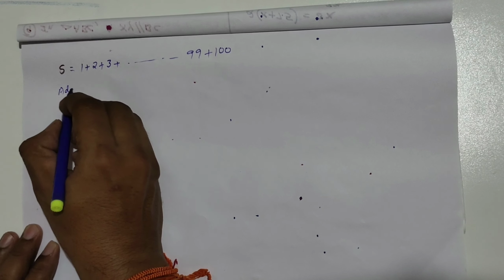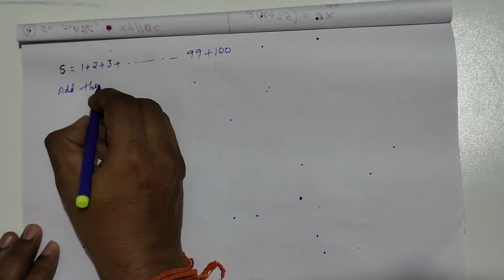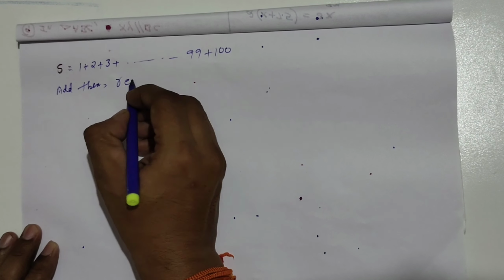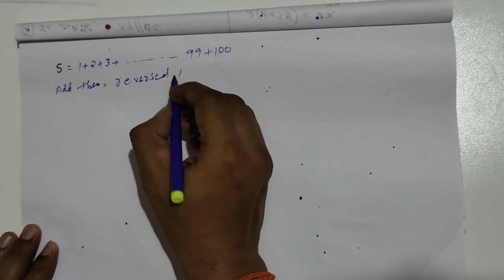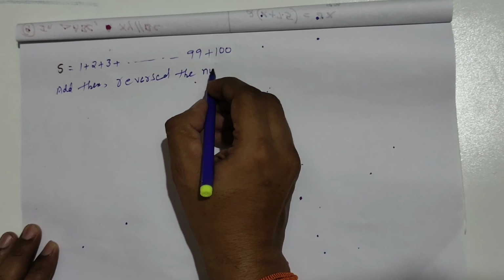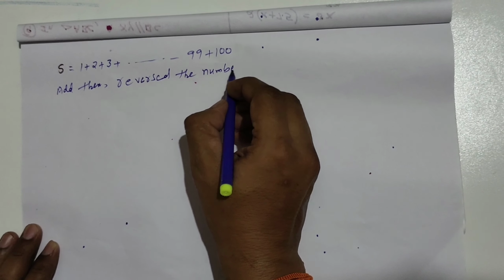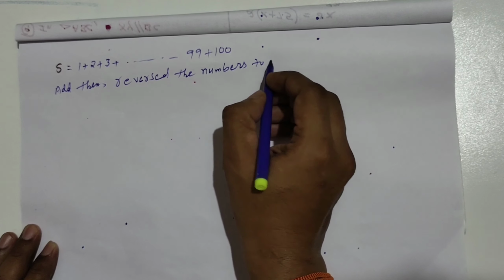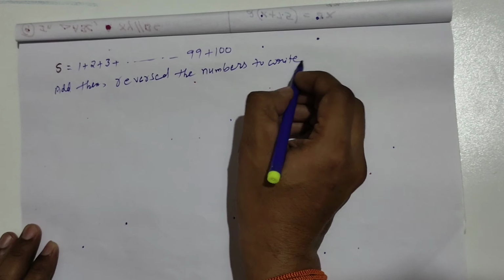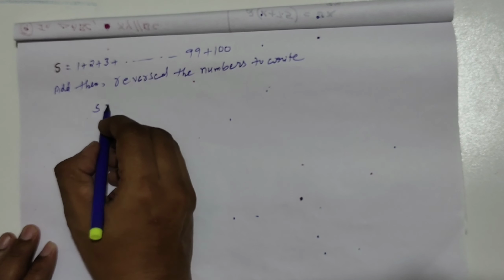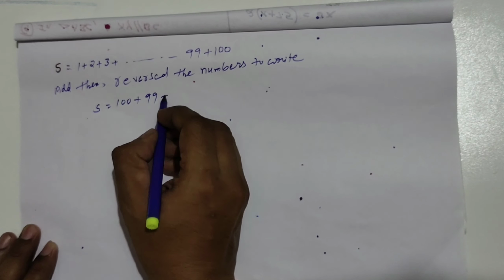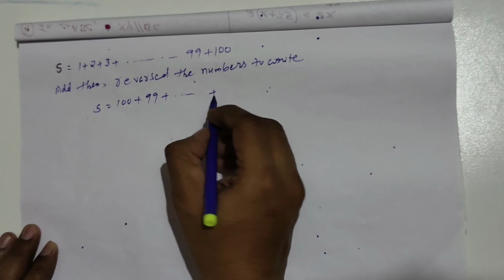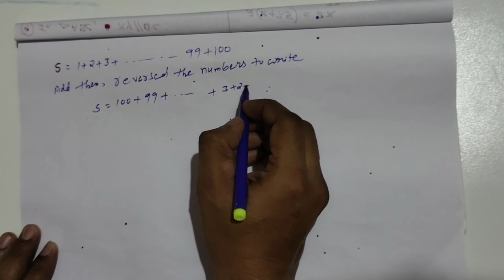Then reverse the numbers to write S is equal to 100 plus 99 plus, and so on, up to 3 plus 2 plus 1.